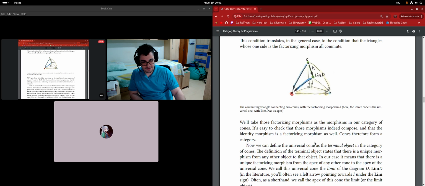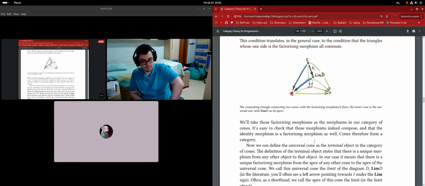Yeah, because the product was defined in some sense based on the idea of, oh, we're going to get to that in the next paragraph, but it's basically in some sense kind of like a terminal object if you consider all the factorizing morphisms, right?